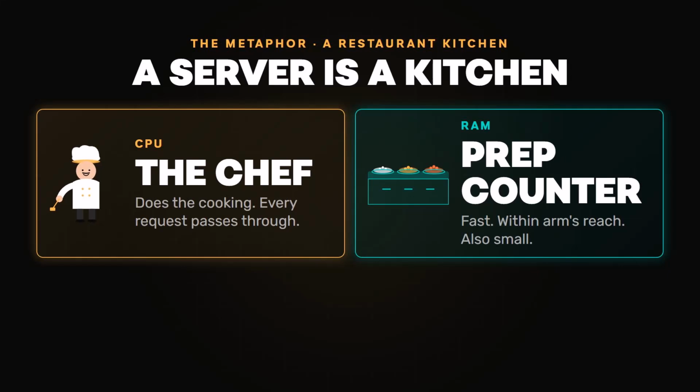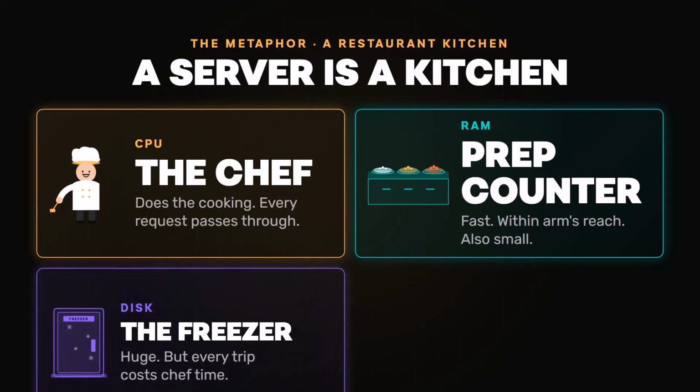The RAM is a prep counter. Right next to the chef, bowls of chopped onions, marinated chicken, sliced tomatoes, everything the chef needs right now within arm's reach. The prep counter is fast. The prep counter is also small. Put more than fits and you start losing time looking for ingredients.